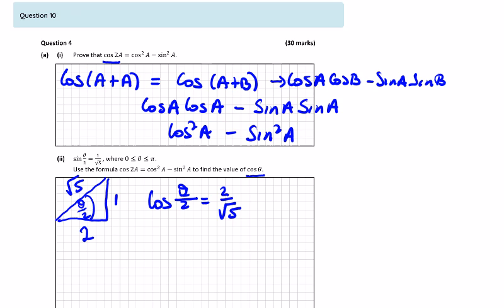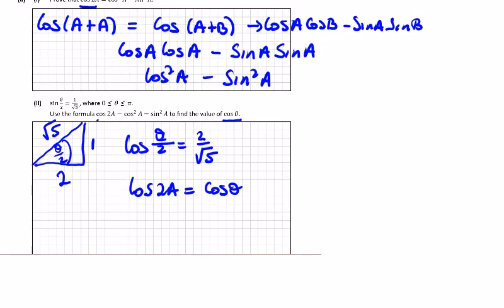And the cos of 2a would be the cos of theta. So we fill that into this formula, the cos of theta then becomes cos squared. See, a is half of 2a, so cos squared theta over 2 minus sine squared theta over 2.